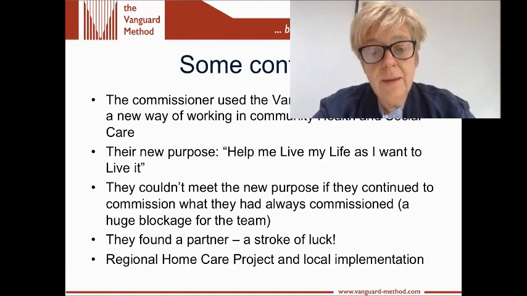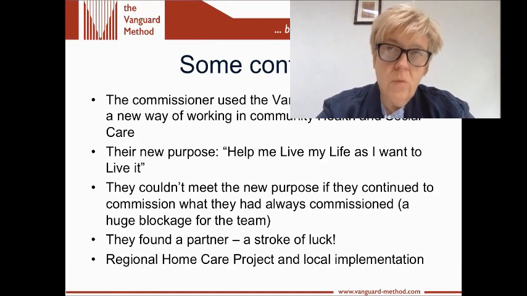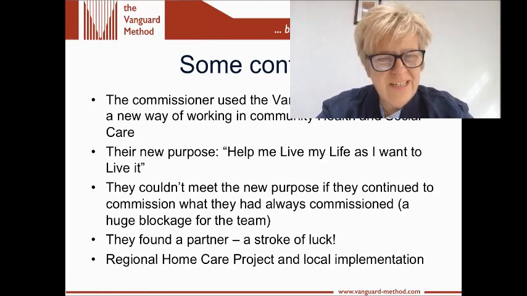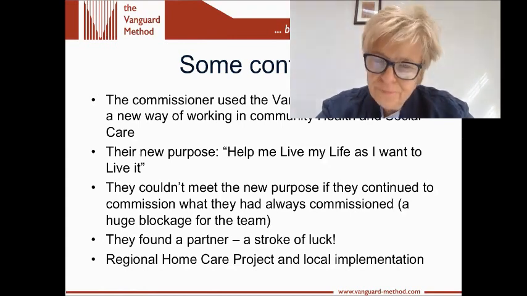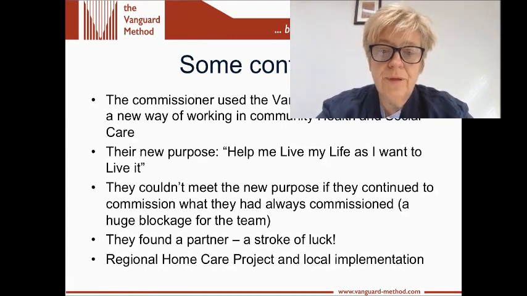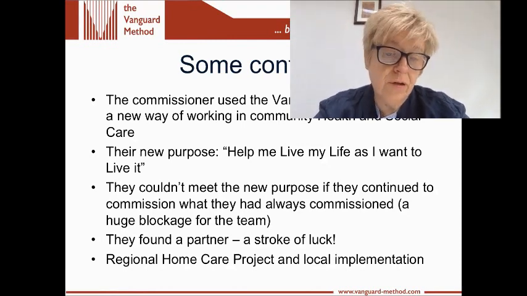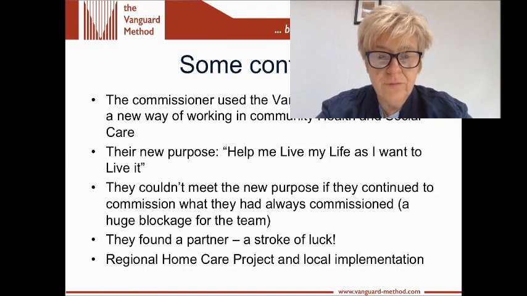Because, of course, up until that point, it had been quite a contractual relationship. Very much, we would say in Vanguard terms, command and control, and therefore it limited the ability of people to speak freely about what was important and what should be important, because those conversations are very much governed by contract and contractual terms.